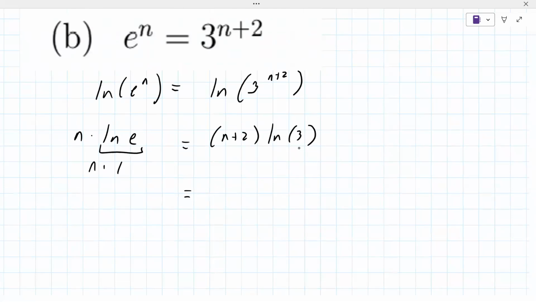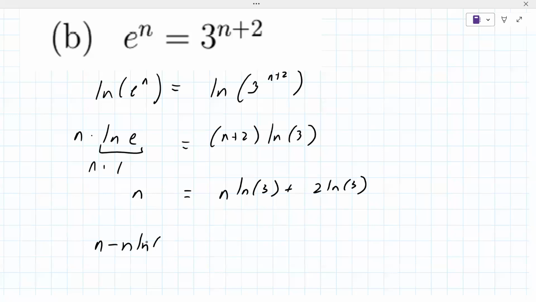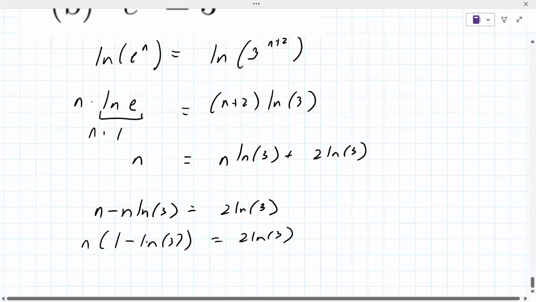But the more math you do, the more you're just going to have to be okay with things that don't look visually appealing. You collect the n terms on one side of the equation, so you move it left. Factor out an n. And then you divide.